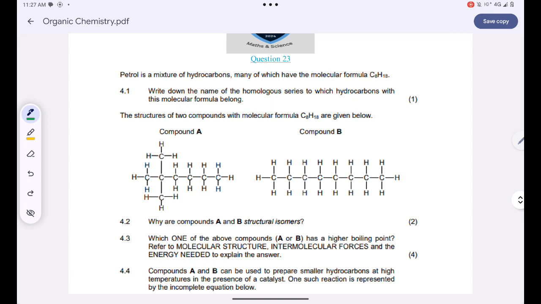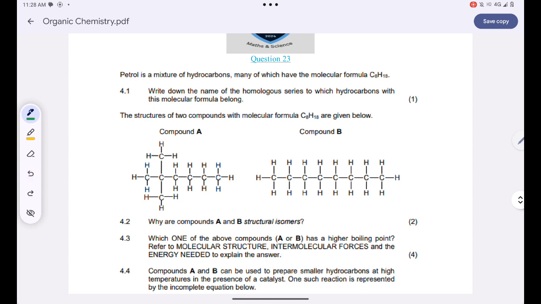For the 95%, it means that the petrol has 95% pure octane, and the other 5% represents the isomers of octane. For the 93% petrol, it means you have 93% pure octane, and the other 7% is just the isomers of octane. They are isomers because all of them have this molecular formula.